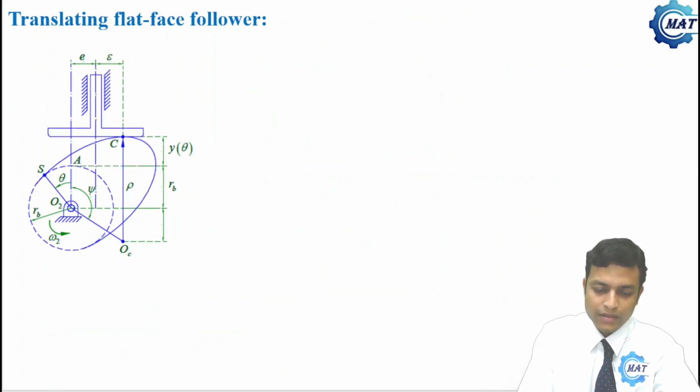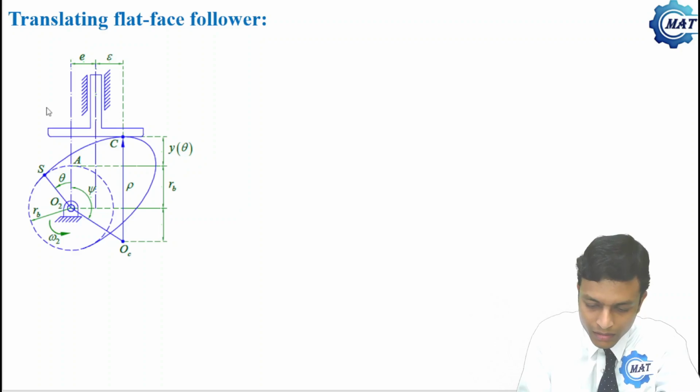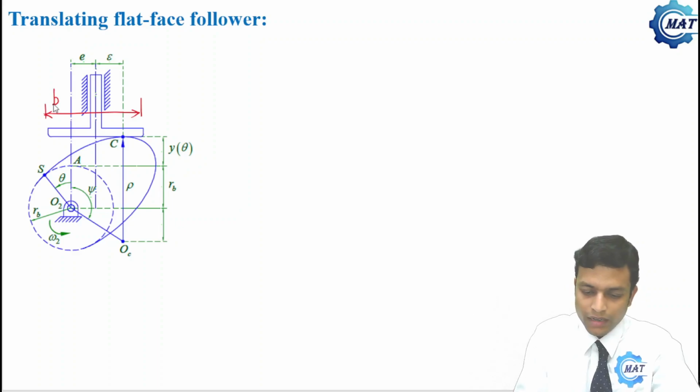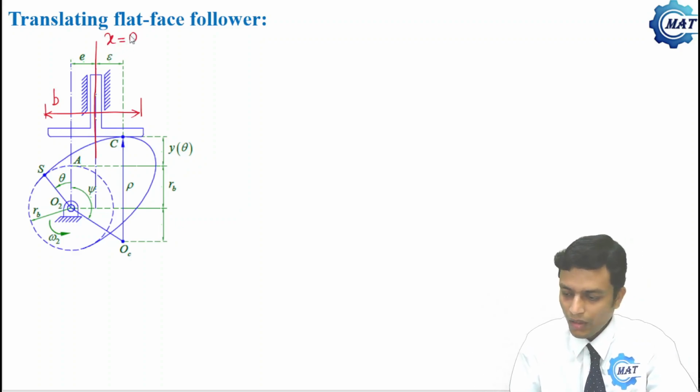Now let us determine what is the minimum follower width to maintain the contact. So this is B. Now let us take a reference from the follower axis. Follower axis is our reference, so here x equal to 0.